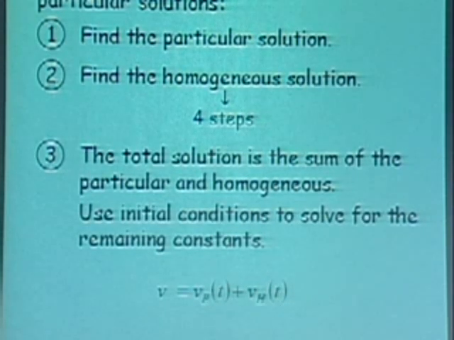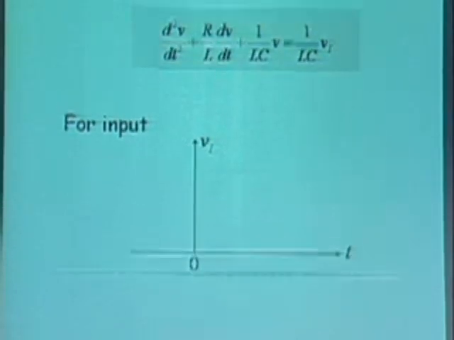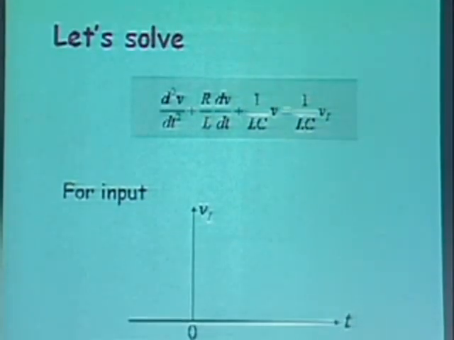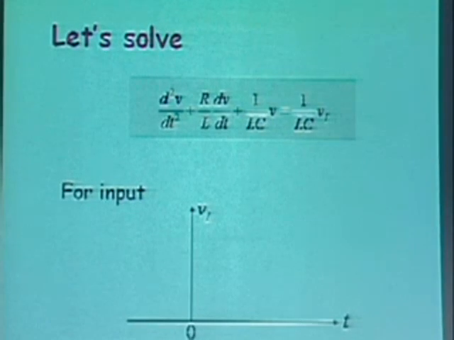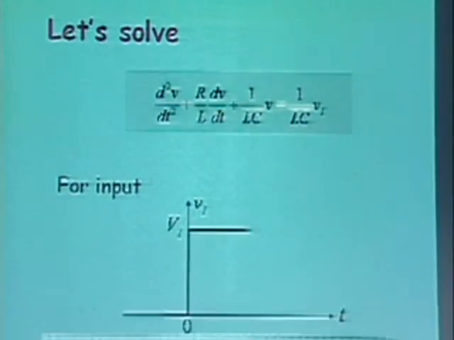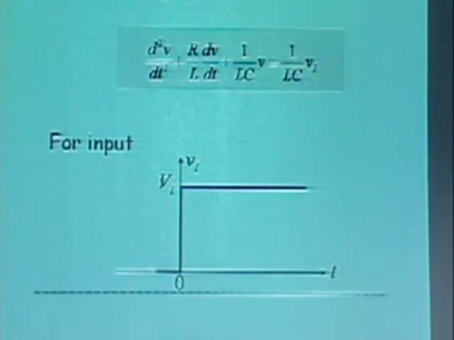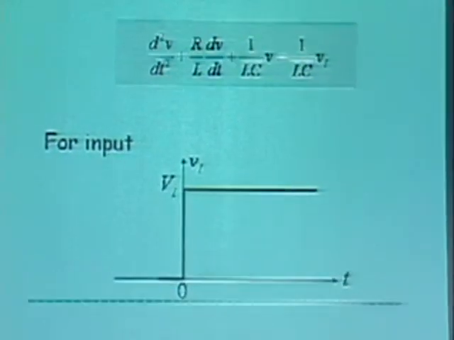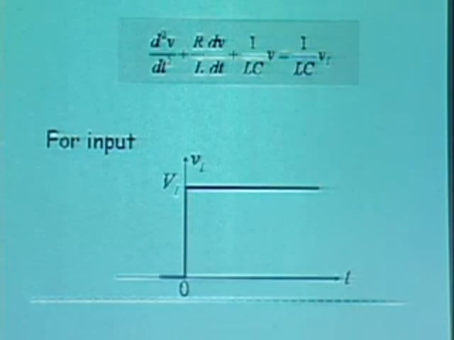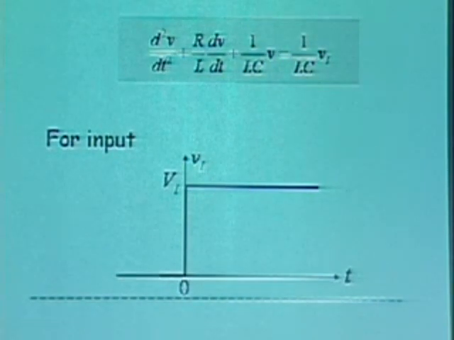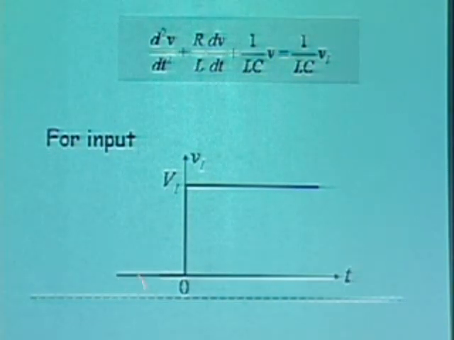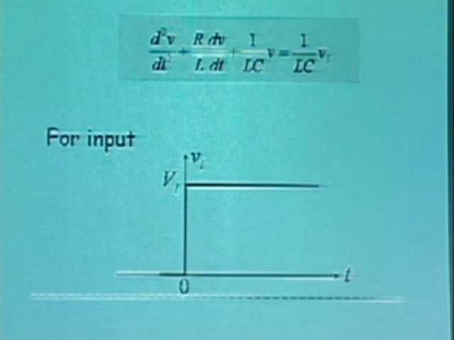So VP is a particular solution, and VH is the homogeneous solution. For the particular solution, before I go on to do that, let me set up my inputs and my state variables. My input is going to be a step. Remember, I'm trying to take you to the point where the demo left off. The demo had a step input, so I'm going to use a step input rising to VI.